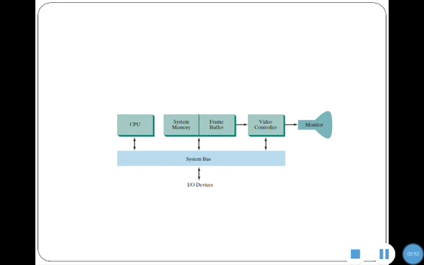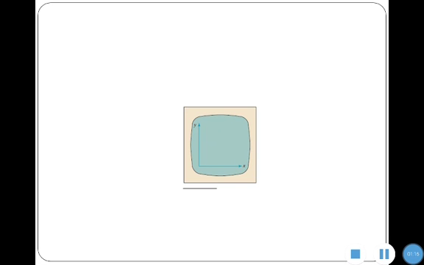So this diagram shows a raster scan system with a frame buffer, and a fixed area of the system memory is reserved for the frame buffer, and the video controller is given direct access to the frame buffer memory. Then frame buffer locations and corresponding screen positions are referenced in Cartesian coordinates.